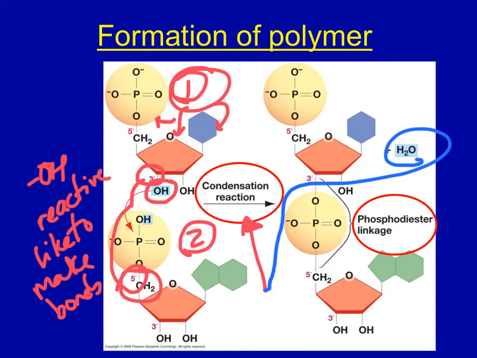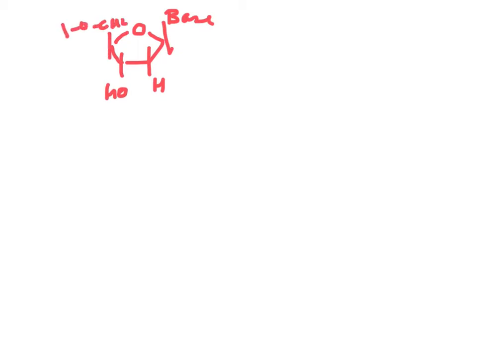Now, what's interesting about this image, it came from a book and it's wrong, because you need some energy to make a covalent bond. Let's quickly draw a base, and if this is DNA, we have this hydroxyl group, CH2, OPO.